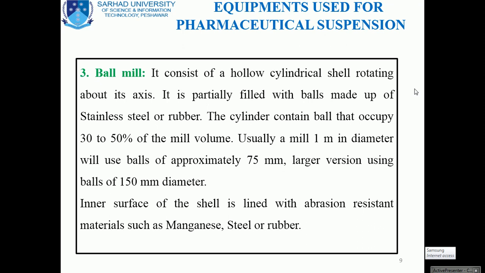The question asks what the balls used in the ball mill are made of. Definitely they may be made up of stainless steel or maybe rubber.